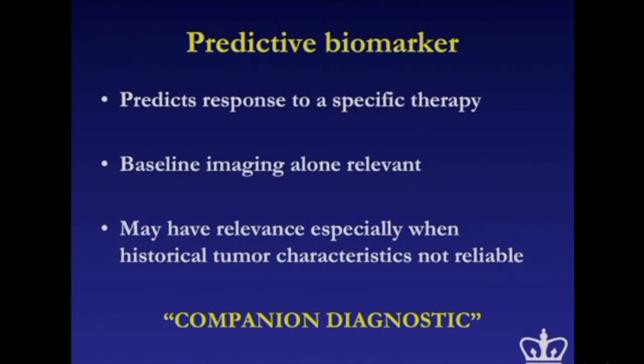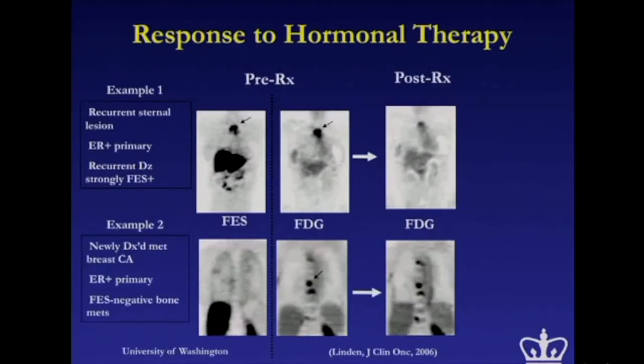And what I'm going to talk about, one example, is a predictive imaging biomarker. So this is a study done at the University of Washington, led by David Mankoff, who took my job at Penn. And what this study shows you is that if a patient has estrogen receptor positive disease, as determined by imaging with fluoroestradiol, that patient is going to respond to therapy with an aromatase inhibitor.